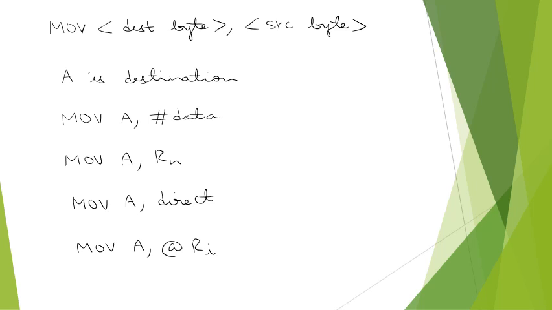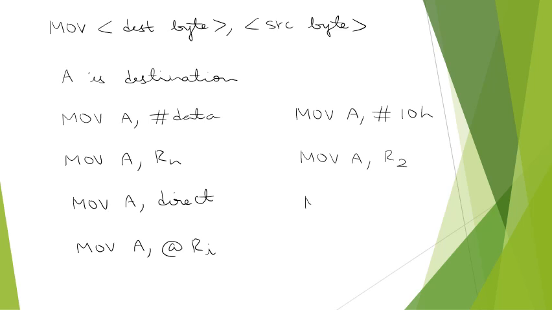So first one we have is MOV A, #data. So the example is MOV A, #10h. So the data or the value 10h is copied to the accumulator. And then we have MOV A, R2. So the content of register R2 is copied to the accumulator.